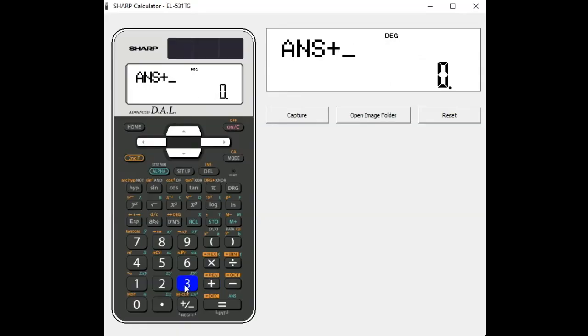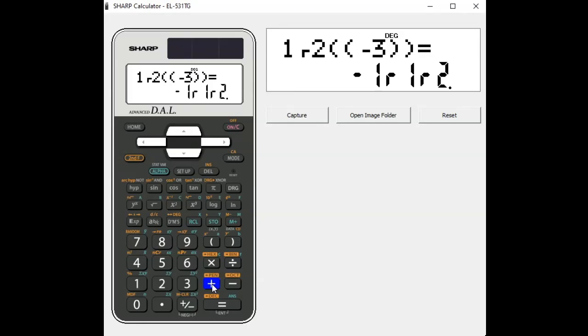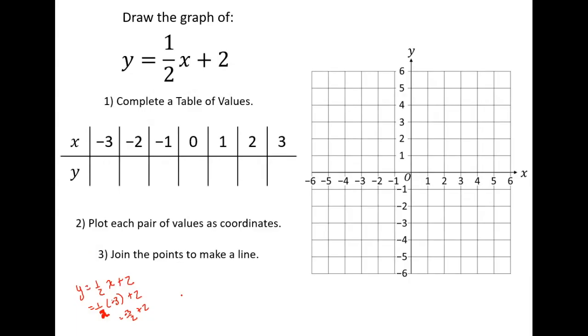And we added 2, and that gives me 1/2 or 0.5. So you could have done the math like I did, or you could have just gone 1/2 times -3, which was our first step, add 2 to that, and that gives me 1/2. Okay, so -3/2 plus 2 gives me 1/2 or 0.5.